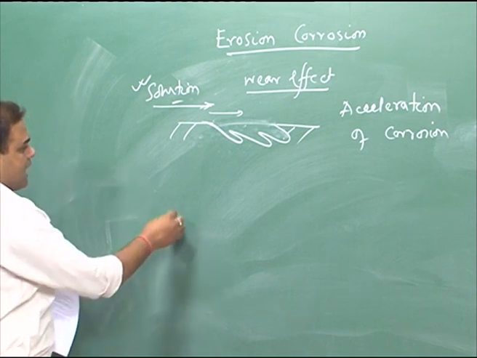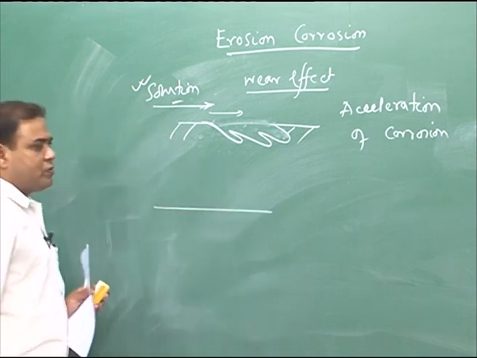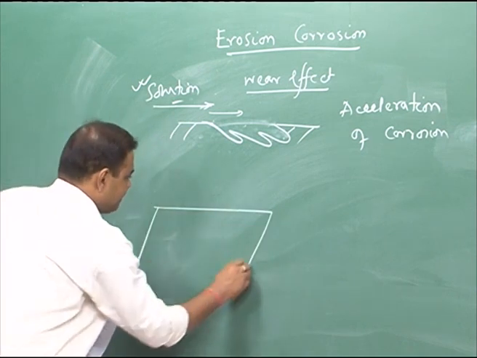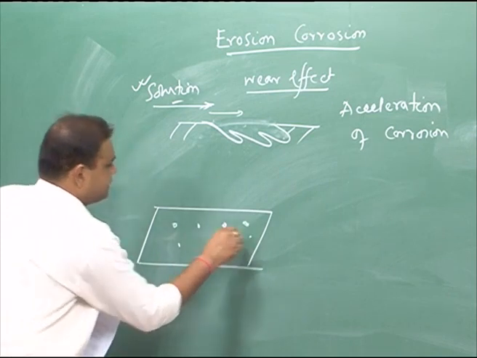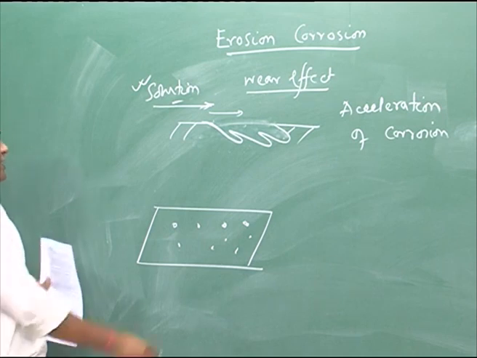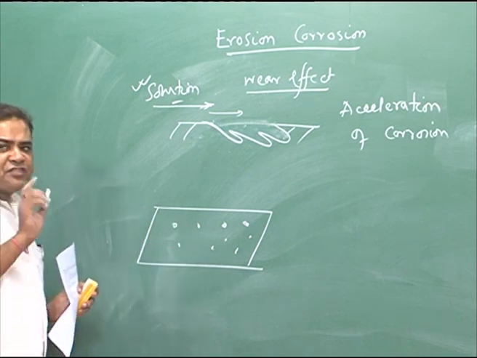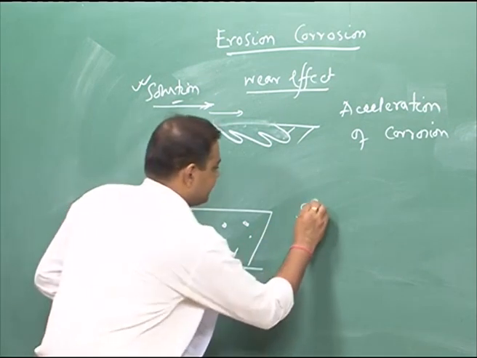Now, in the case of pitting, we have seen that pitting initially forms like this, there would be several pits like this, and for pitting one necessary condition is stagnancy of the solution.